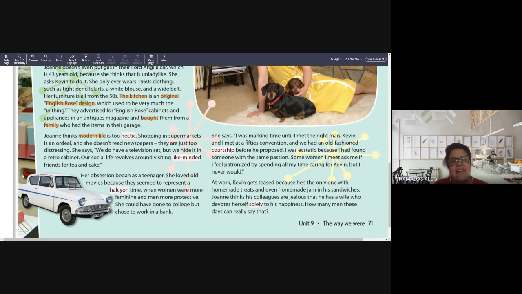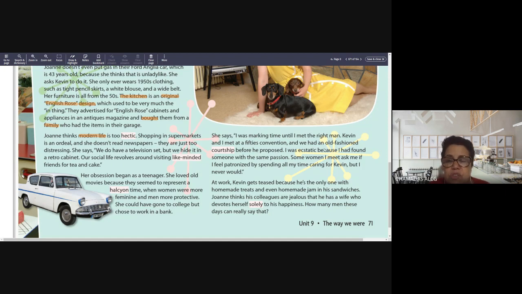Okay? Officially. So courtship é o cortejo. Ele cortejou, tipo, paquerou, right? And then after, officially dated. And then here, proposed, pediu em casamento.